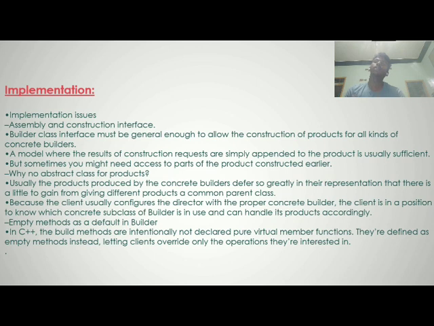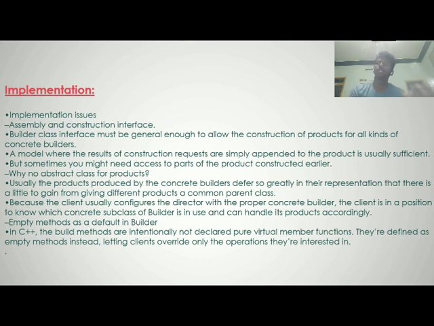A model where the results of construction requests are simply appended to the product is usually sufficient, but sometimes you may need access to parts of the product constructed earlier.